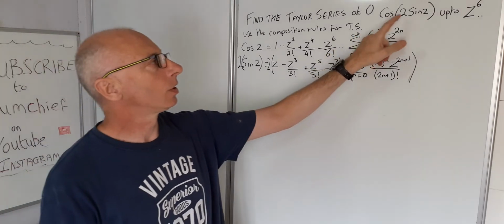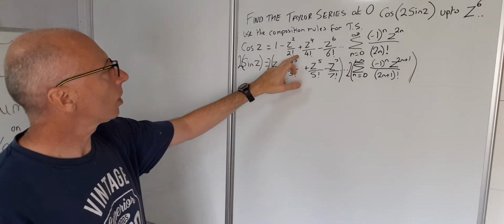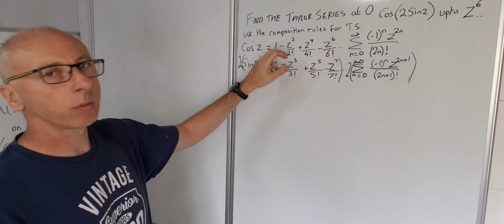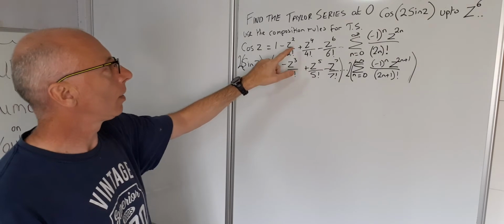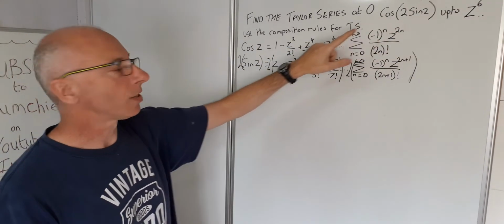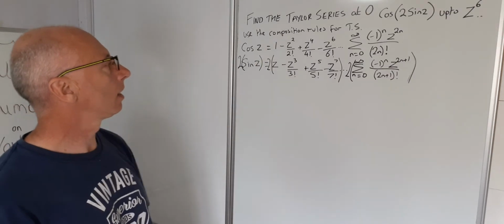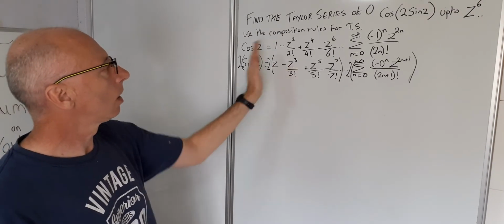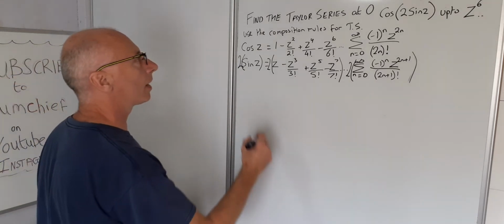Okay, so now to combine them, what we do is we take this cosine series, and wherever we see a z, because that's our input for the cosine series, we'll plug in this series here for the z. So hence we'll do 2 times that and then all squared. So it's going to be looking something like this.